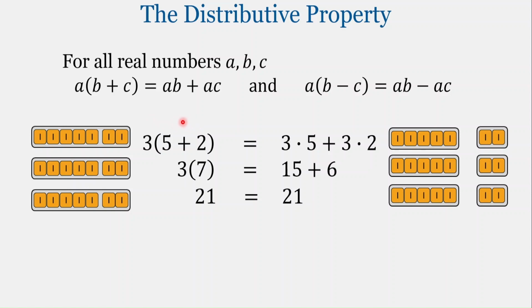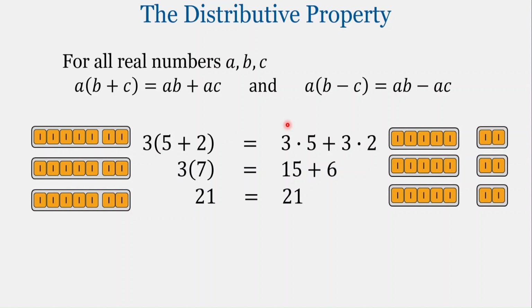So on the left-hand side of these equal signs, what we have is the quantity 5 plus 2, and we have 3 of them. So we have 3 sets of 5 plus 2. And when we add these 3 sets of 5 plus 2, we get 21.